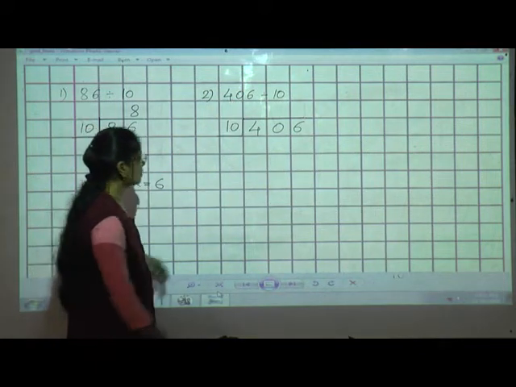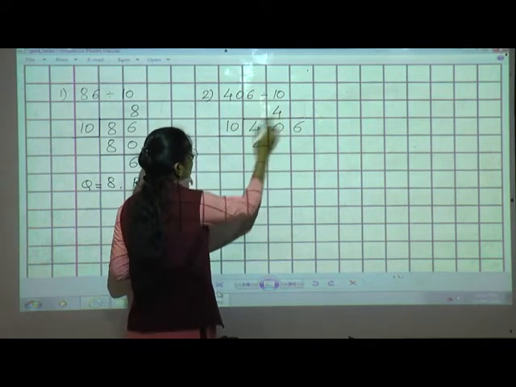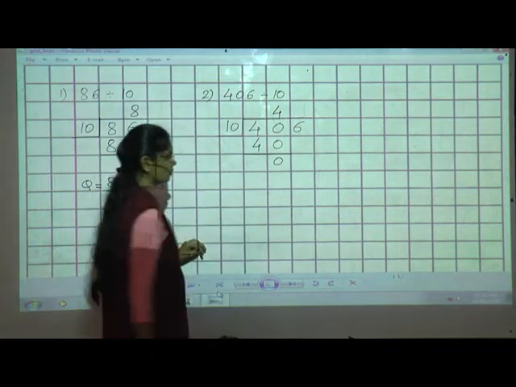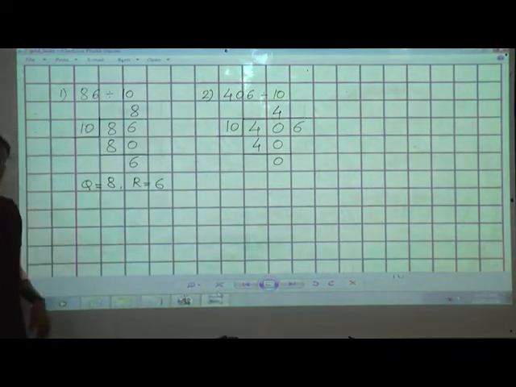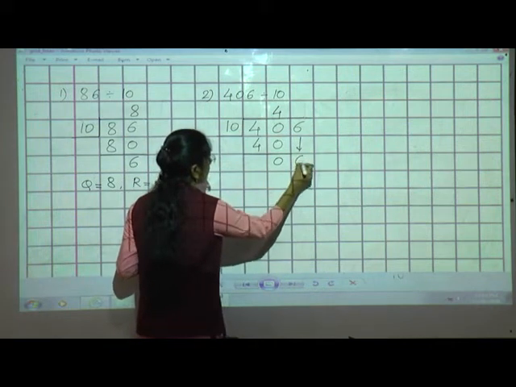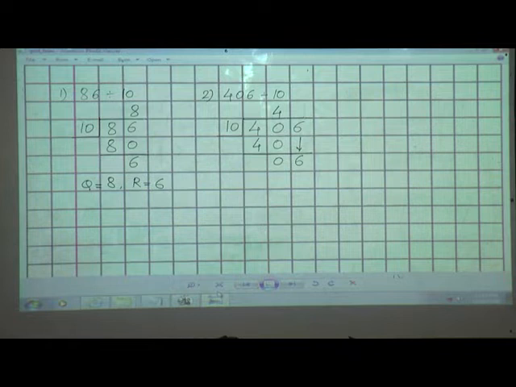So let us solve this example. Now 10 4s are 40. 40 minus 40, 0. Now this 6 we have to take down, so take it down here. Now see, 10 is the divisor and here the next number is 6.